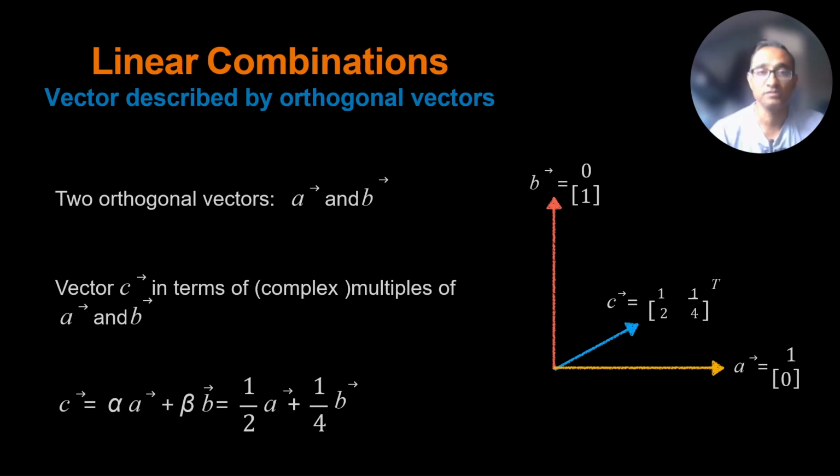It is helped by calculating the cosine between vector C and vectors A and B, and that will give you the space position of C with respect to the two orthogonal vectors A and B.